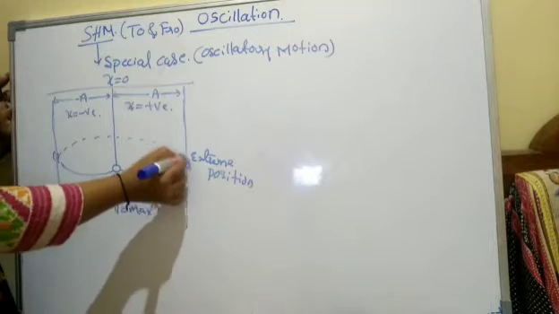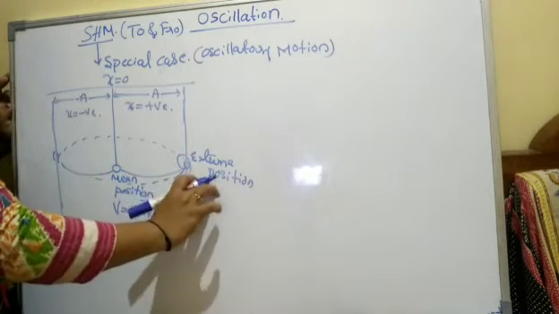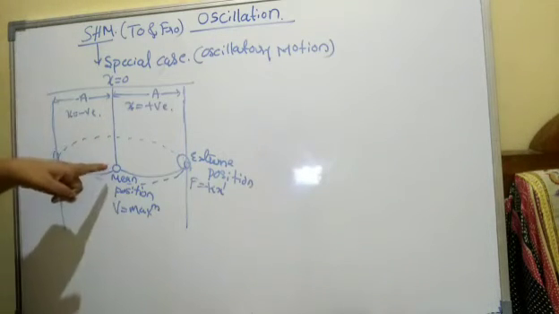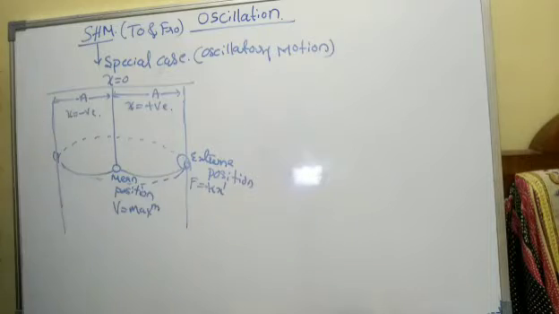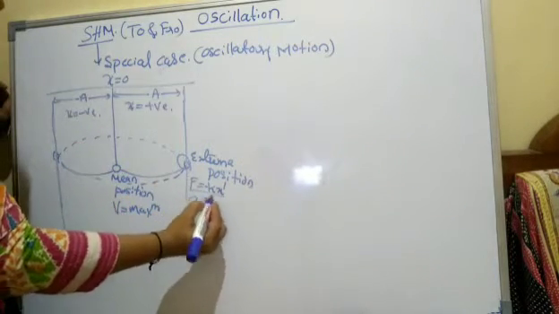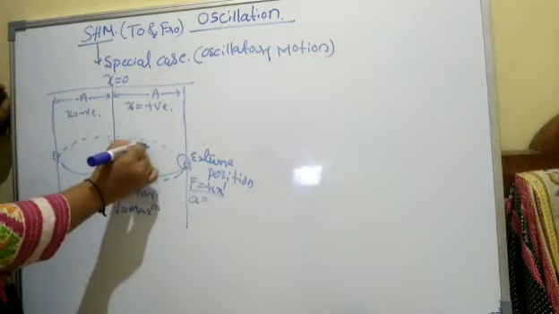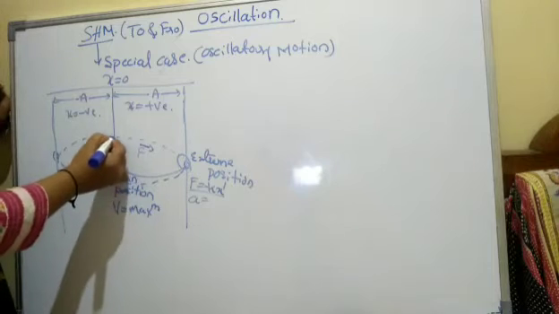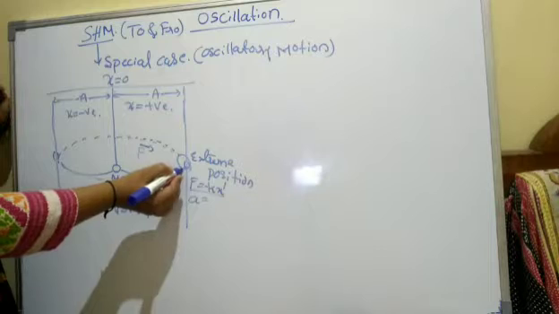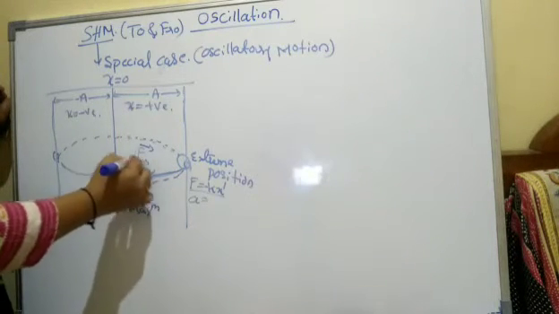The force makes a particle move towards the mean position, that we know here. Acceleration is along the direction of the force. So the body is trying to move towards the mean position along the direction of force only.